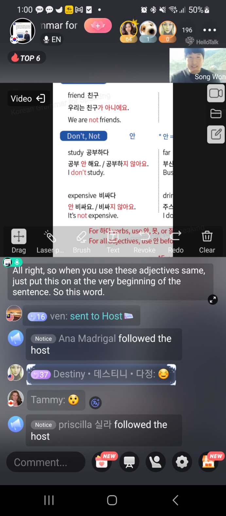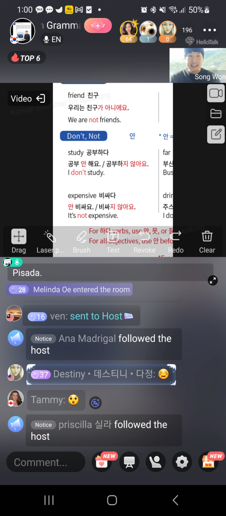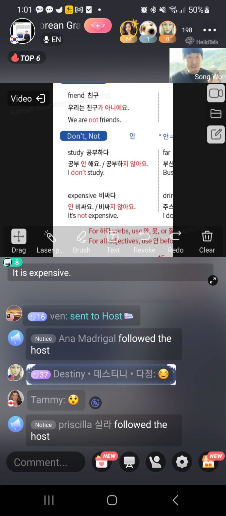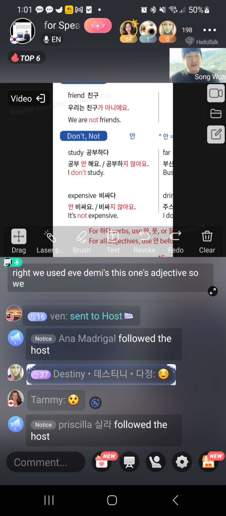비싸다, 비싸다 means expensive. So think about this in English. How do you make a sentence? It is expensive, right? We used is. That means this one's adjective. So we want to put this 안 at the very first of the sentence.